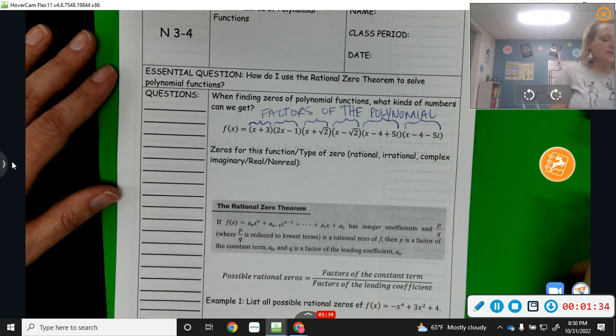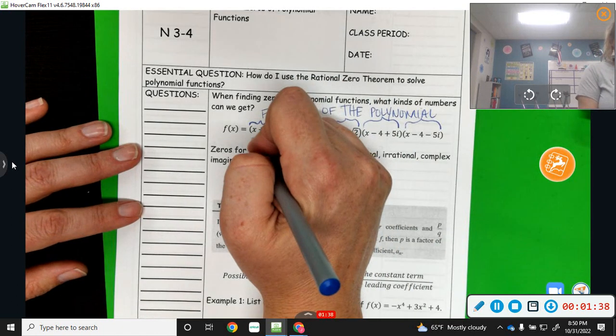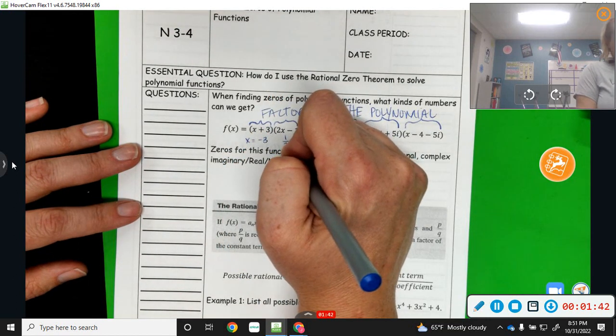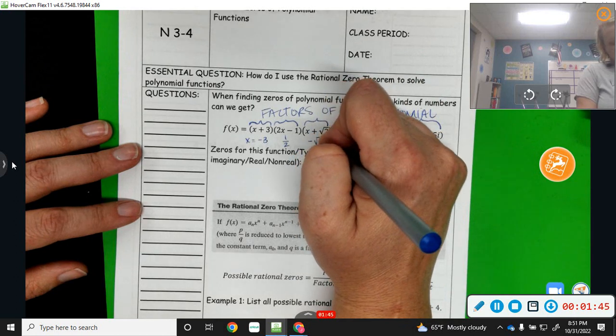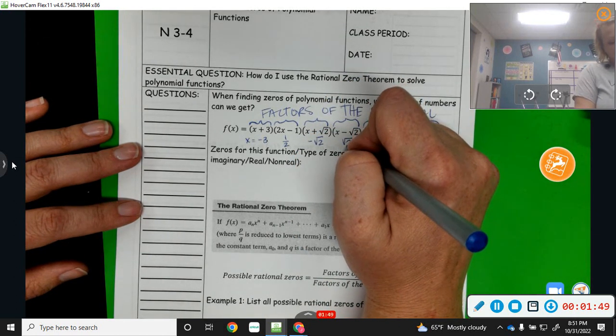Okay, we solve each of these by setting it equal to 0. So remember, we say x plus 3 equals 0, so that means x equals negative 3. It equals 1/2. It equals negative square root of 2. It equals positive square root of 2.